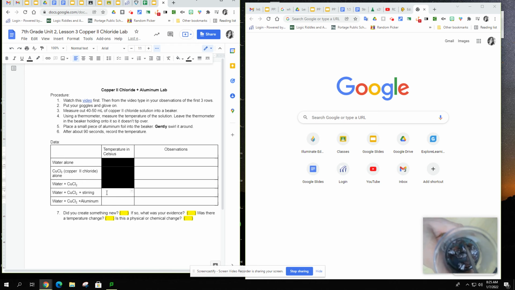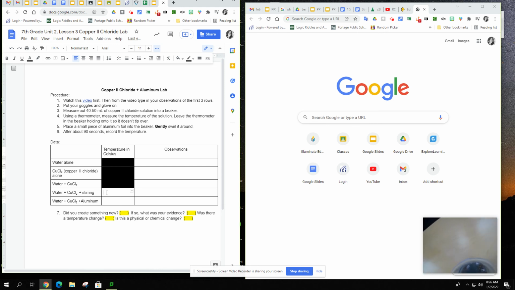It's definitely warmer to the touch. And the aluminum foil does not have the same properties anymore. Those properties are completely different. Those properties are gone. We have created this blackish, brownish substance.